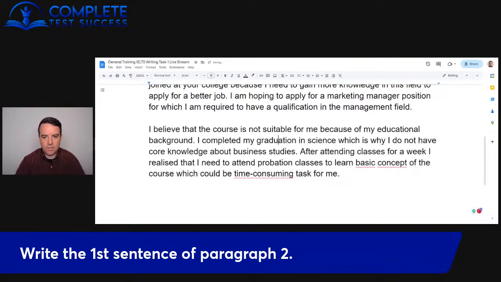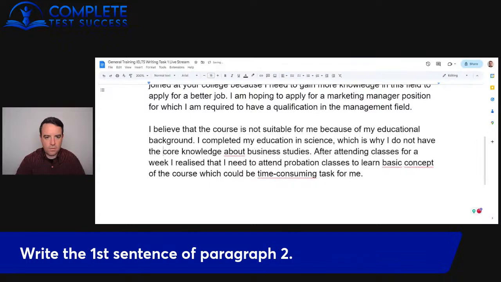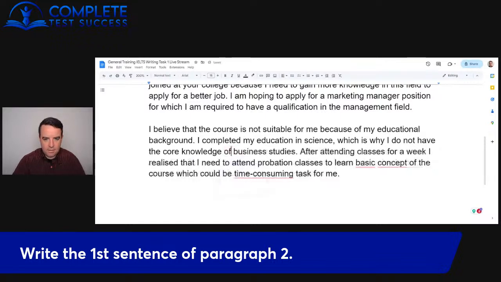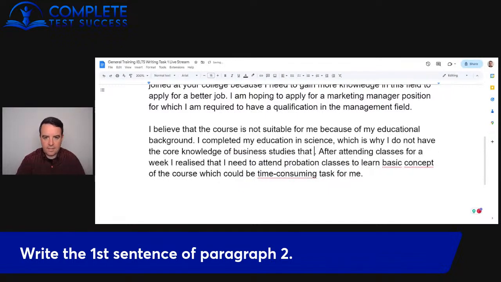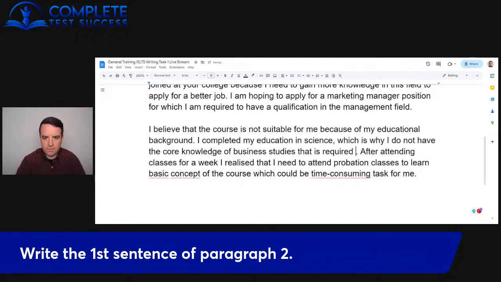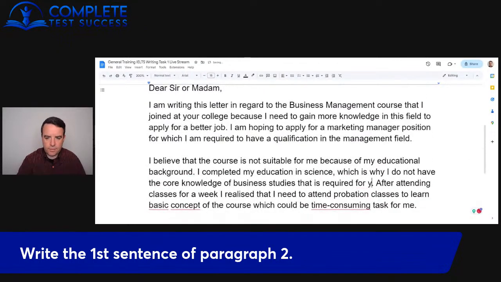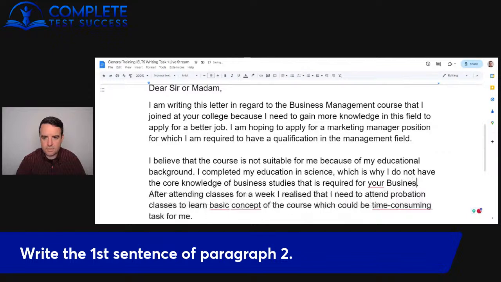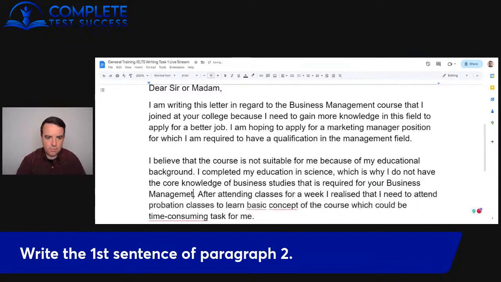So I completed my education in science, which is why I do not have the core knowledge of business studies that is required for your business management course.